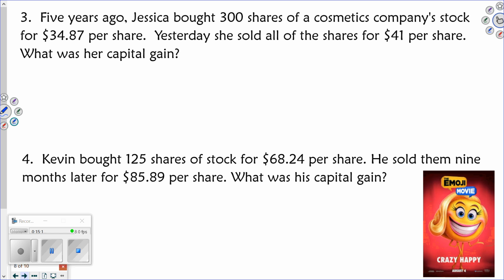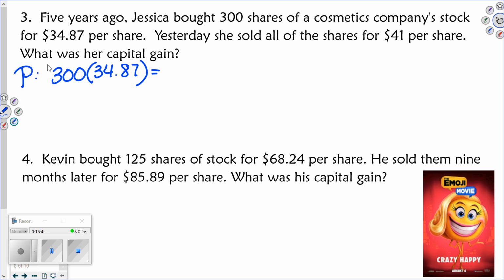5 years ago, Jessica bought 300 shares of a cosmetics company stock for $34.87 per share. Yesterday, she sold all of the shares for $41 per share. What was her capital gain? So when it's asking again for the gross capital gain, just how much money did they make or how much money did they lose? So what do I have to do first? Good. So that was her purchase.